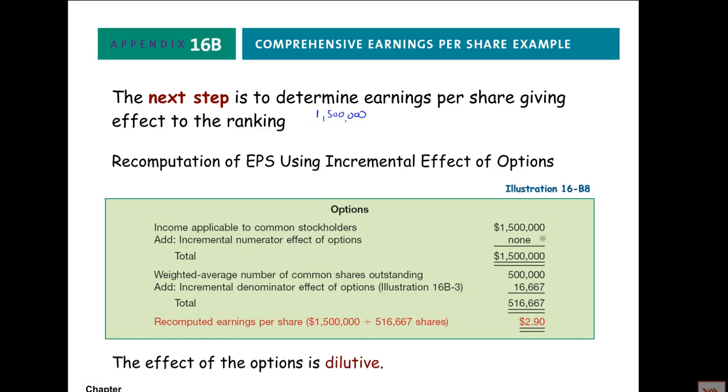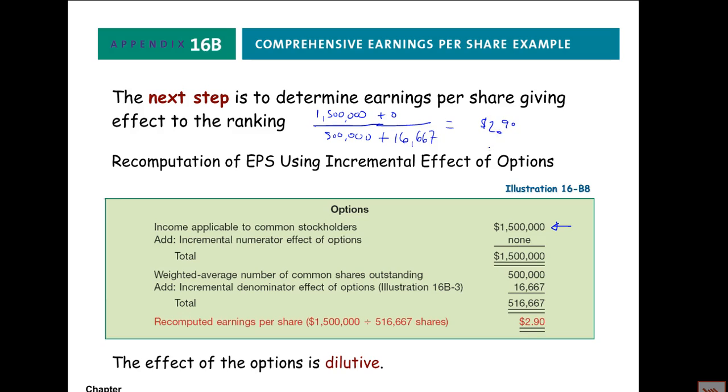And that's why they're starting here with this number. This already has the preferred dividend adjustment out of it. And we had 500,000. Now we're going to add the options, which has a numerator effect of 0 and a denominator of 16,667. You put these all together, they're 2.90.